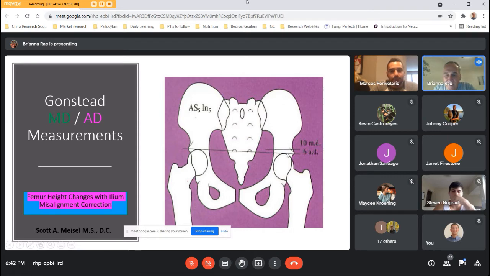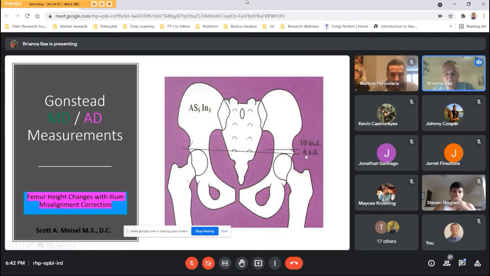Raise it. It would raise it by 4. So the measured deficiency initially was 10, but if we were to correct this ilium, the actual leg length deficiency, when you compare not the actual length of the leg, but the top of each femur head, is going to be a 6 millimeter difference.